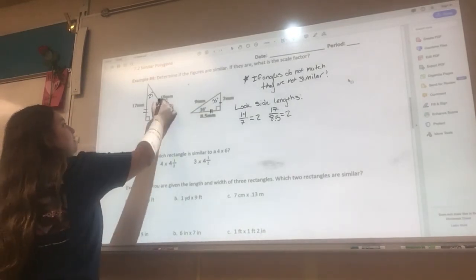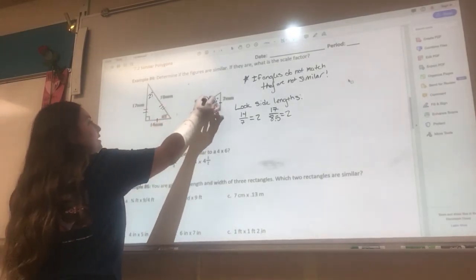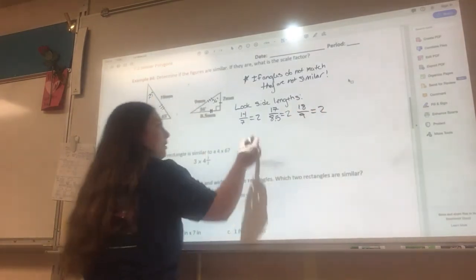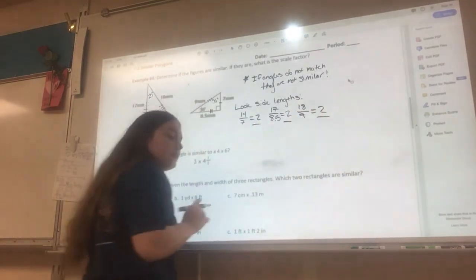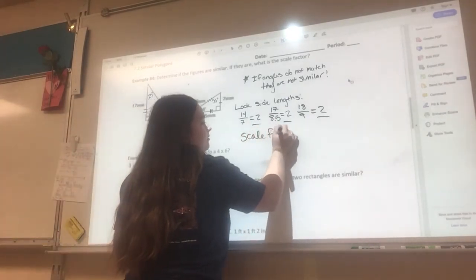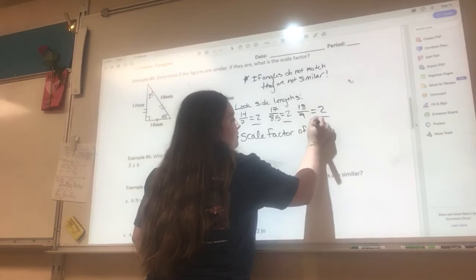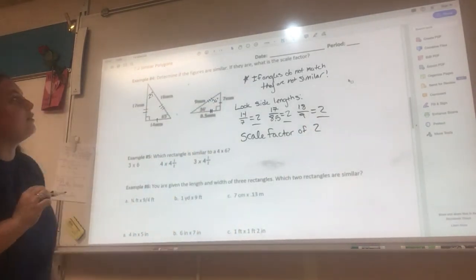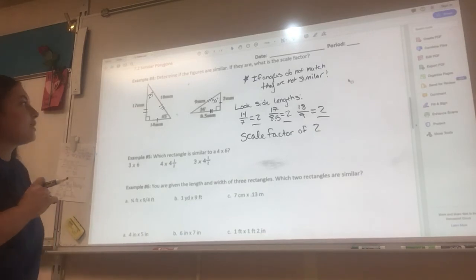And 18. We're going to do 18 over 9, which is 2. Wow. So they do have the same ratio. So they would have a scale factor of 2 if the angles were the same. So make sure you check your angles.